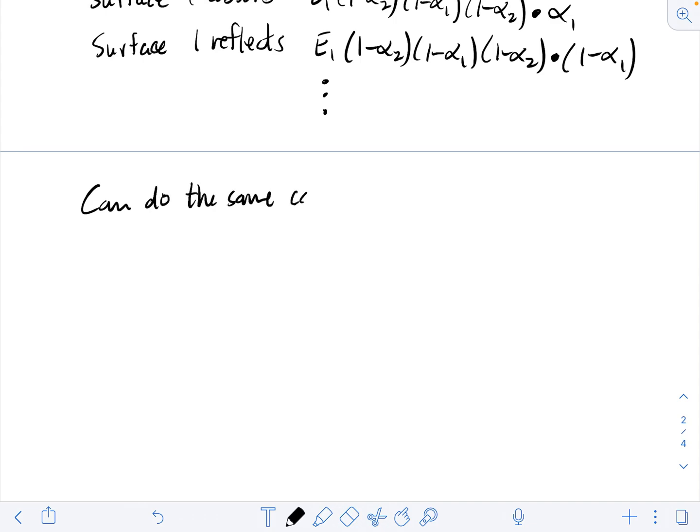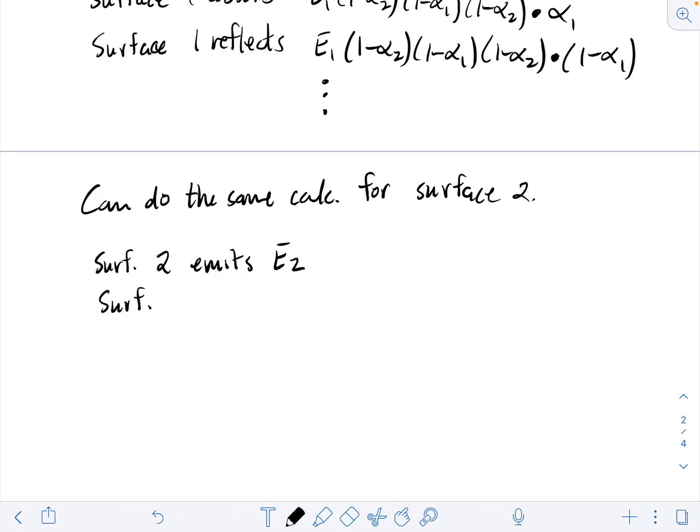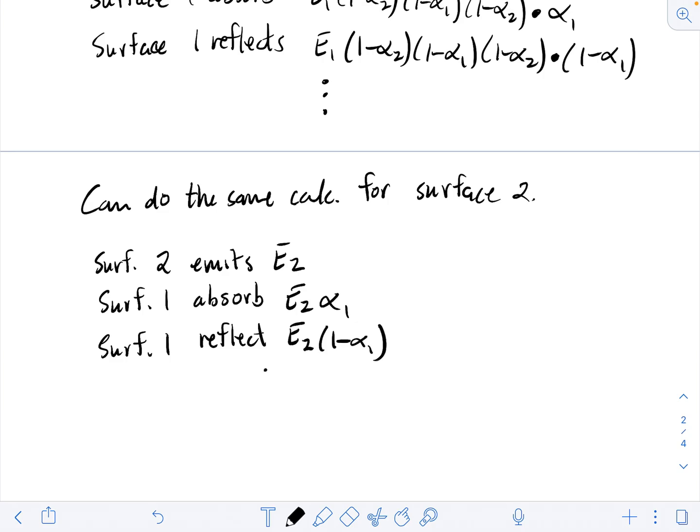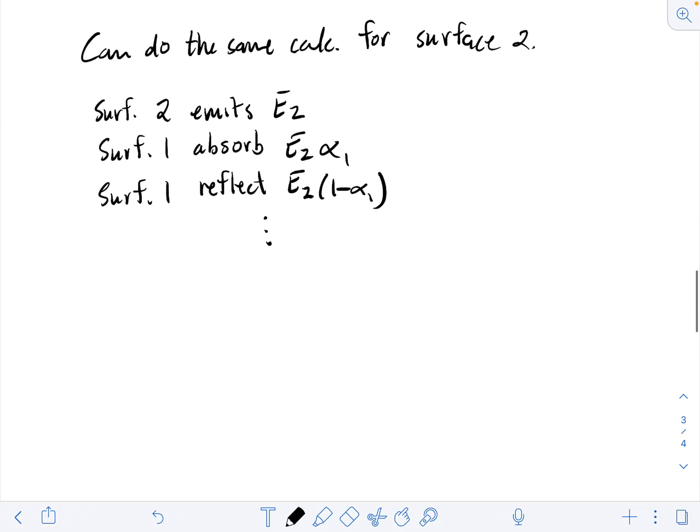So we can do the same calculation for surface 2. So it would look like surface 2 emits an energy E2, surface 1 is going to absorb E2 alpha 1, surface 1 is going to reflect E2(1 minus alpha 1), and then of course we just keep going.